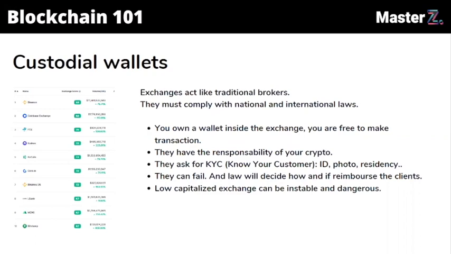I bought some crypto there, and then I transferred this crypto from Binance to my decentralized non-custodial wallet in MetaMask, to make some transactions and to go on OpenSea and mint a free NFT. I mean, just to test out and see how these things work.